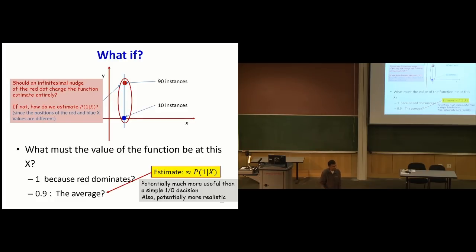Intuitively, you see what is going on over here, the argument we are trying to make. So in this case, what must the value of the function be? This is still my training data. The reds are shifted with respect to the blues by 0.000000000001, right? What must the value of y be?